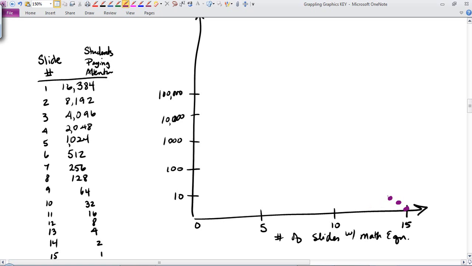And at 12, rather, I had 8 paying attention. This would have been easier if I'd have made this pretty, huh? And so at 10, I had 32 paying attention. So my 15, 14, 13. At 10, I had how many? 32.